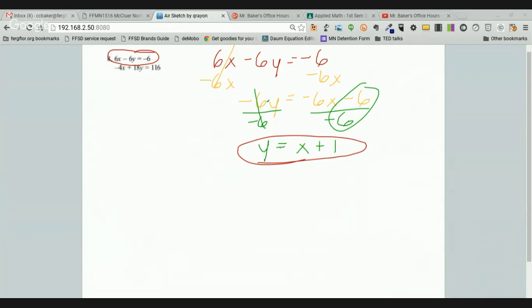This is the substituting part. I'm going to take that y chunk and put it right there next to the 18. Negative 4x plus 18 times, here we go, x plus 1 equals 116.